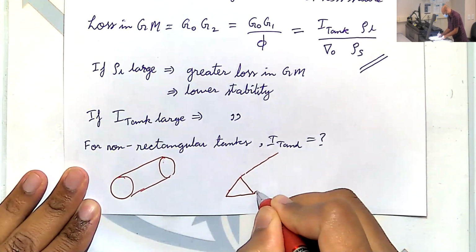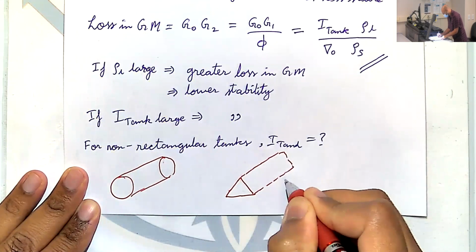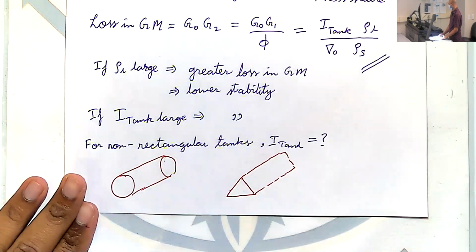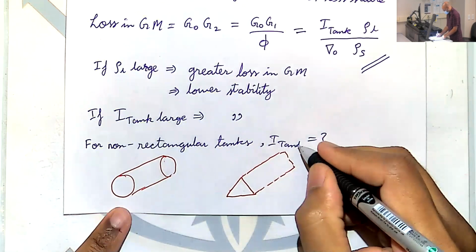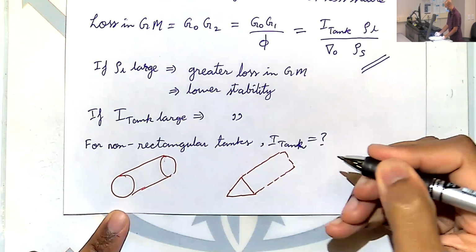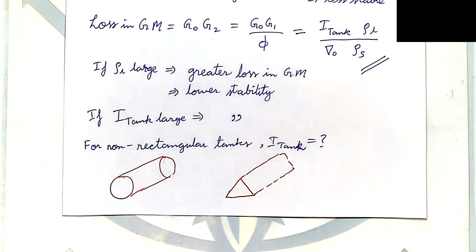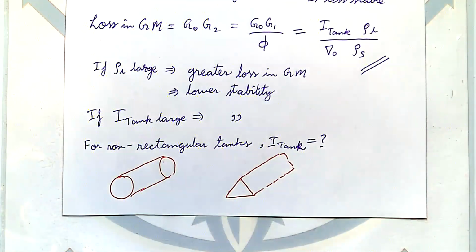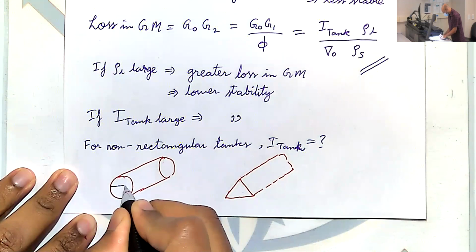You will never encounter this, but just to illustrate my point. So in these cases, how do you compute I tank? Would you need to know where the level of the liquid is in the tank? Okay, perfect. So let's say the level of the liquid inside is up to this.